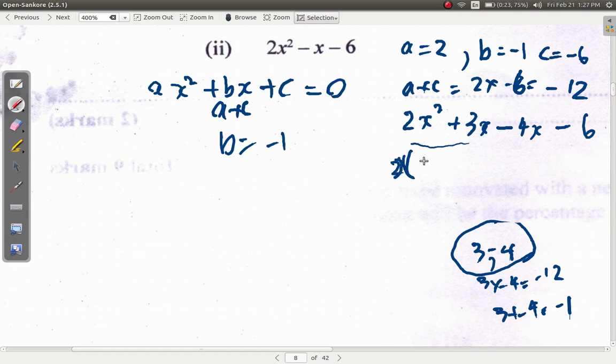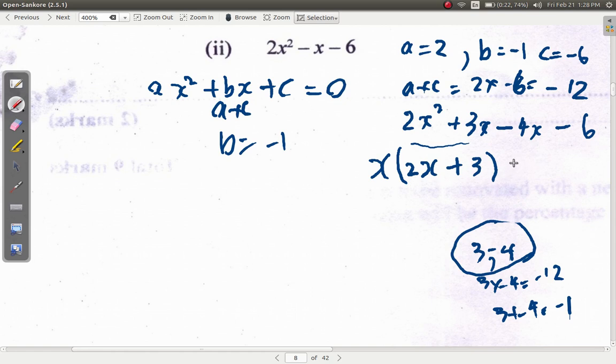Let me rewrite it. Inside the bracket, x times what you're going to write here will give you 2x squared. So it is 2x that will be here. Plus, before you close the bracket, x times this will give you 3x. Well, x times 3 gives you 3x, so that's 3.